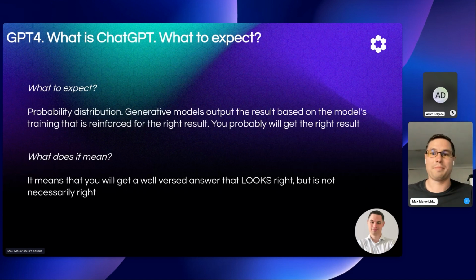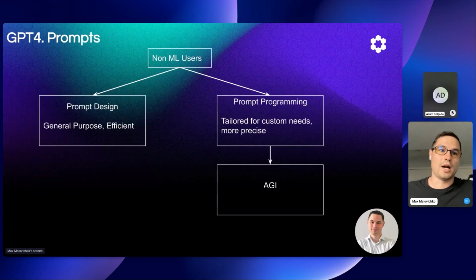That's the first stepping stone that we need to grasp in order to take full advantage of GPT-4. Since we're looking at all this from a non-ML user's perspective, we start with prompt design. Prompt design is essentially a carefully crafted input string aimed at whatever outcome you want. There's another field called prompt programming or prompt engineering.